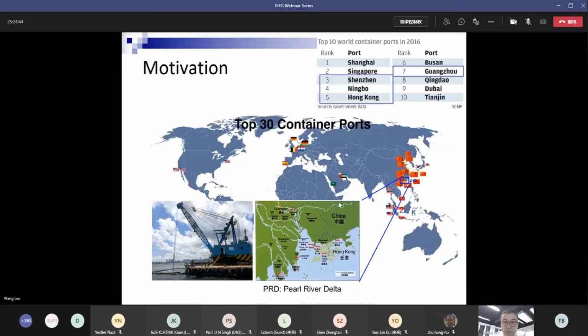To maintain the sufficient depth of the shipping line, the sediment, especially in the container ports, should be dredged annually. And due to the marine activities, such sediment is usually contaminated. So before disposal or before recycling, it should be treated.